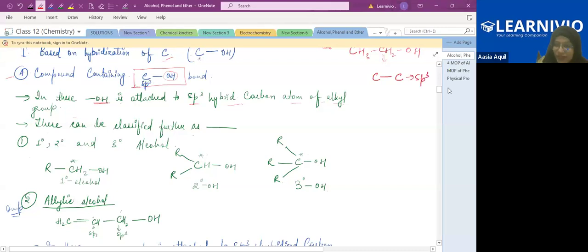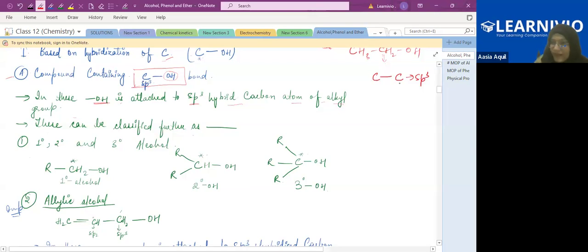We only determine the hybridization of the central atom, not the surrounding atoms like hydrogen or fluorine.